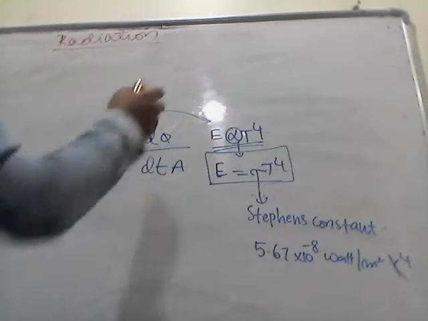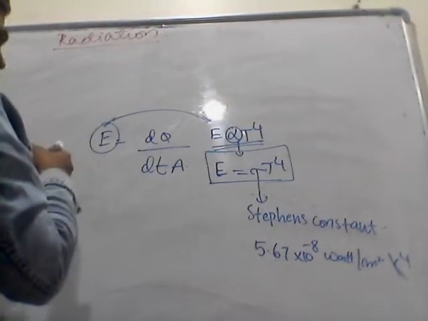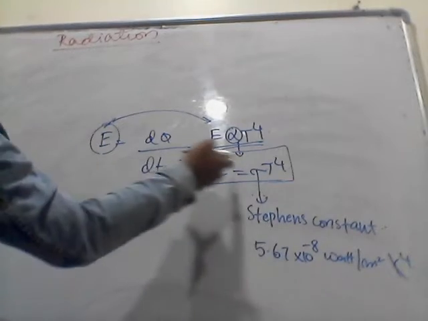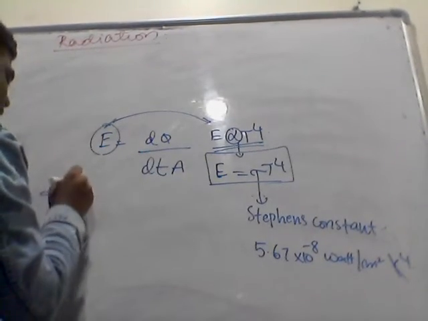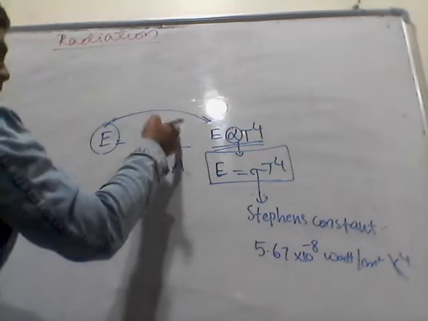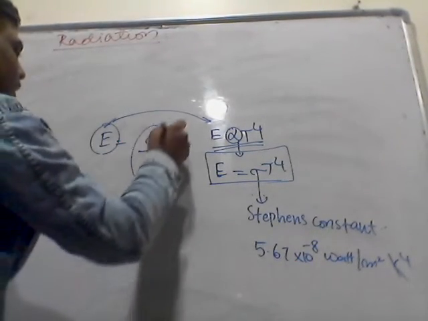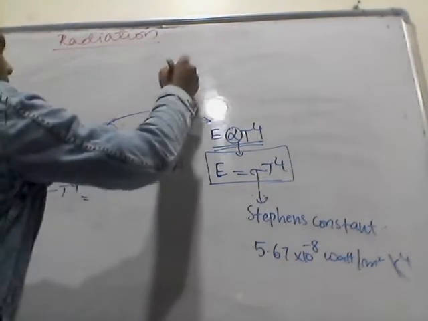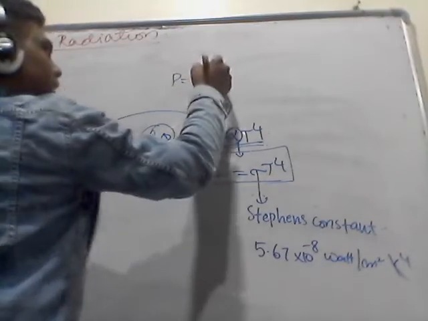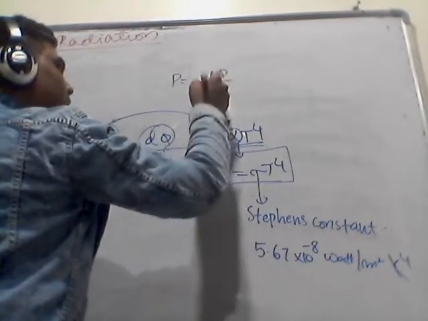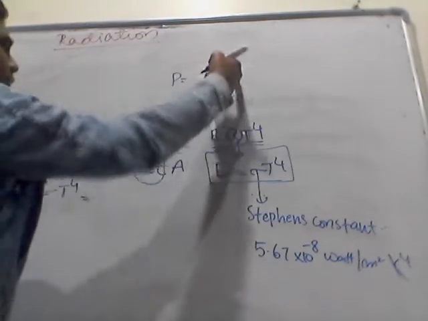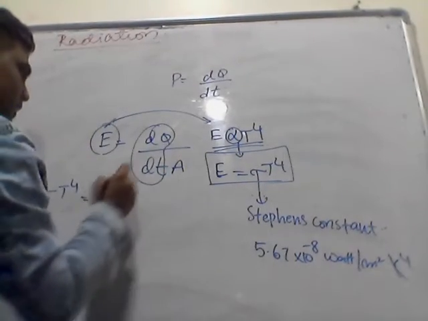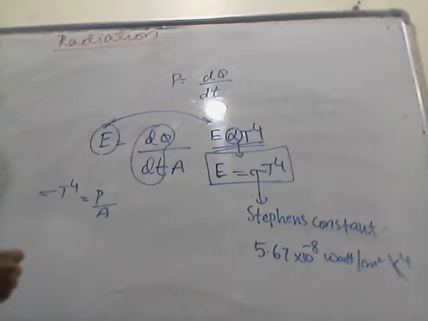Now in place of E, I am writing this expansion, sigma T power 4. In place of dQ by dt, we know that dQ by dt is nothing but power. Power is nothing but change in heat by change in time. So in place of dQ by dt, I am writing power by area.